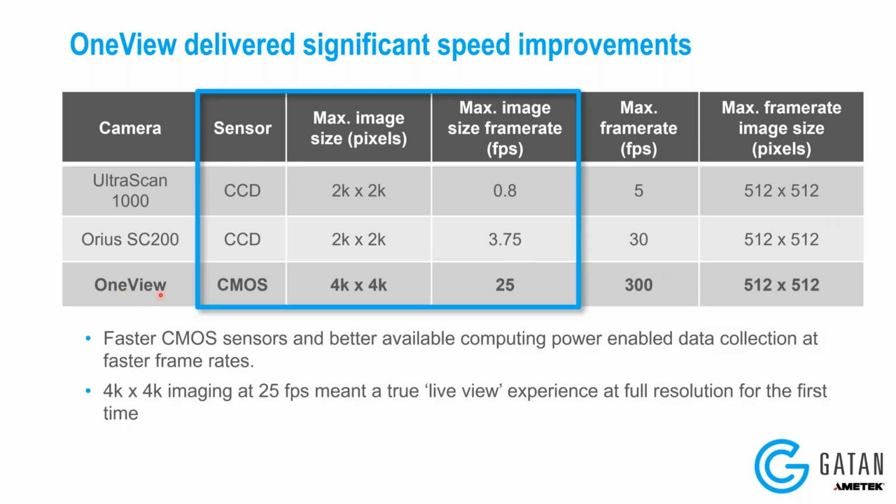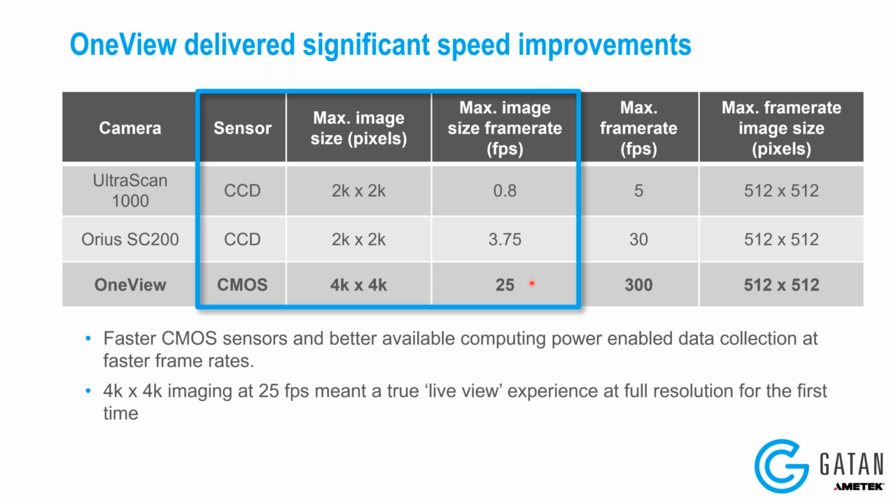And so if we look at the OneView camera, the switch from CCD to CMOS enabled both a larger sensor and also faster frame rates compared to our Ultrascan camera and our Orius camera, both of which were good cameras, but just lacked the speed to support a higher format image and also a high frame rate capability.